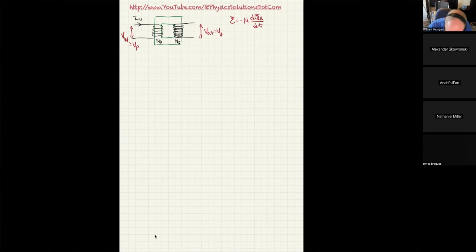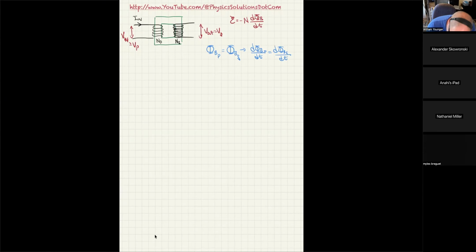But the big thing is, if this is done fairly efficiently, then we can say that phi B on the primary side is equal to phi B on the secondary side. That suggests that d phi B on the primary side over dt is equal to d phi B on the secondary side with time.